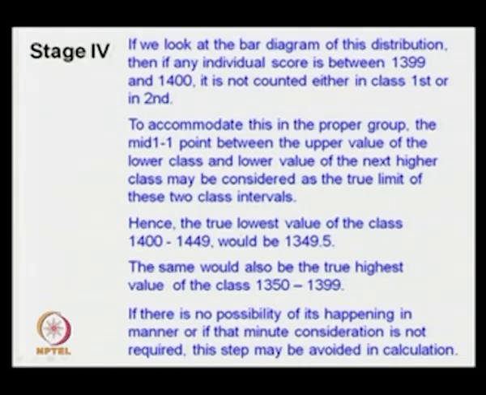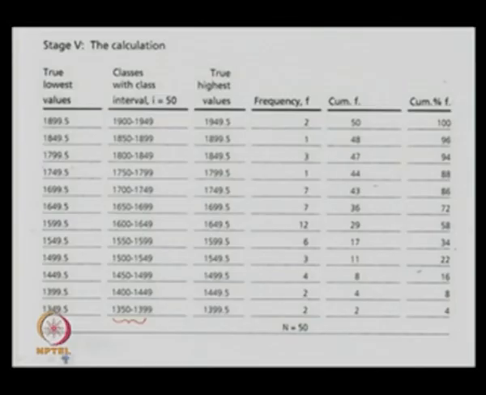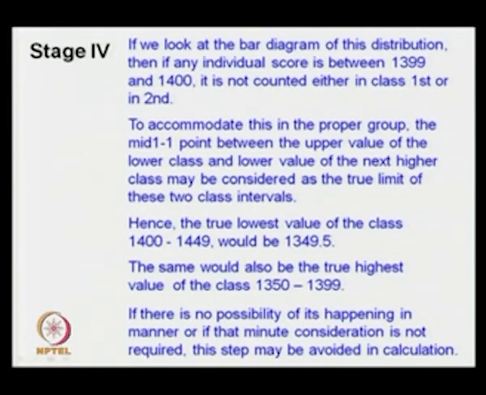Hence, the true lowest value of the second class 1400 to 1449 would be 1399.5 like this. The same value also would be the true highest value of the previous class.